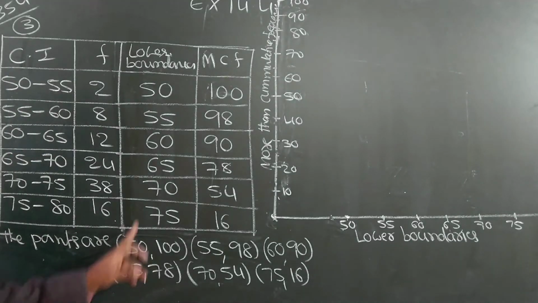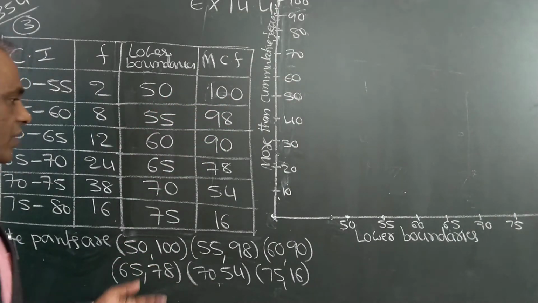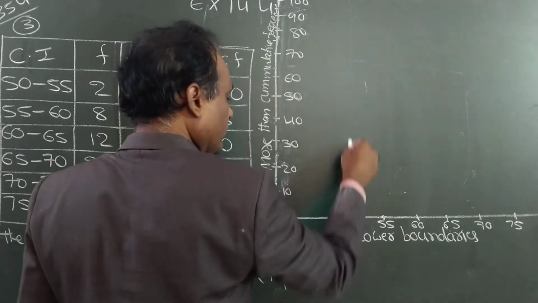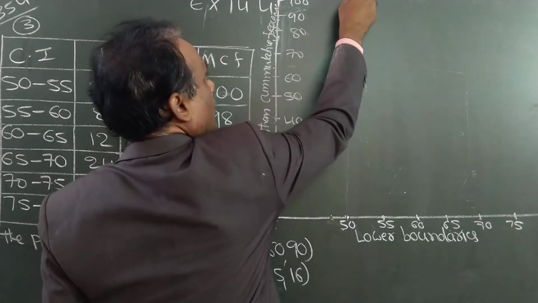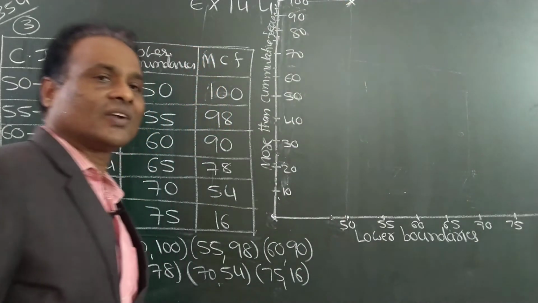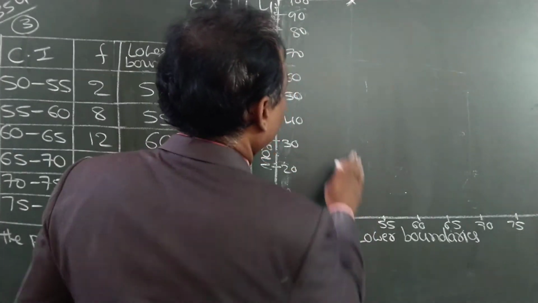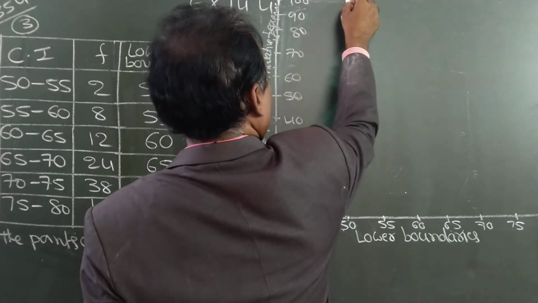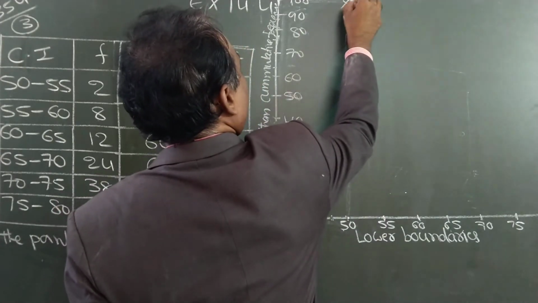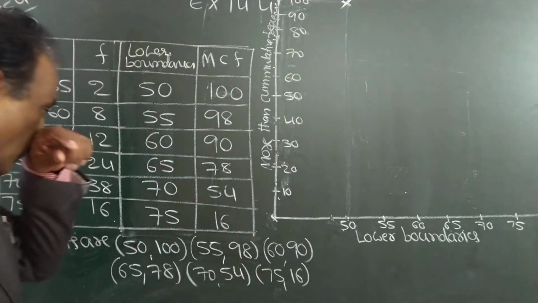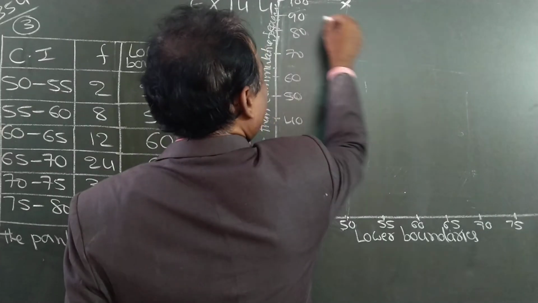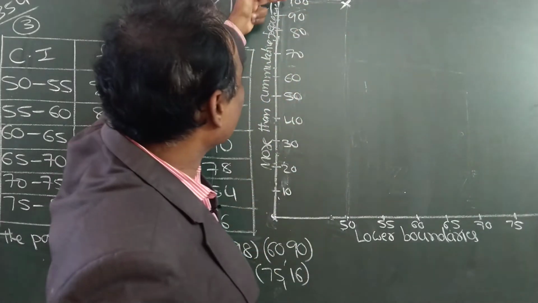Now first point 50, 100. 50, y value 100. This is the point. Any doubt in this? Next, 55, 98. 55, 98 will be just less than 100.